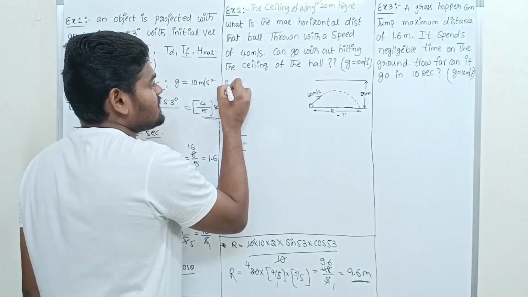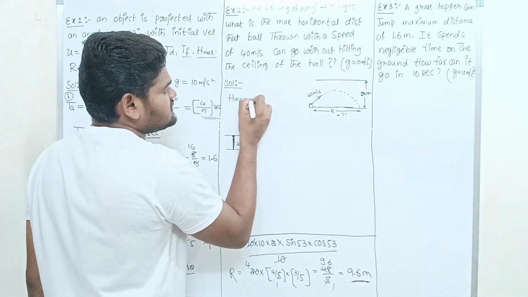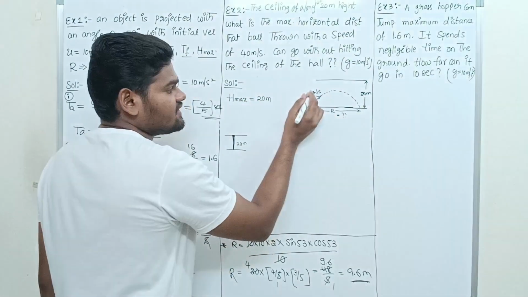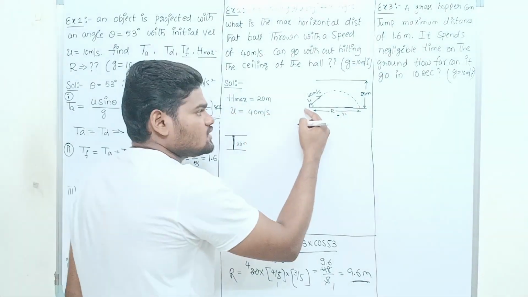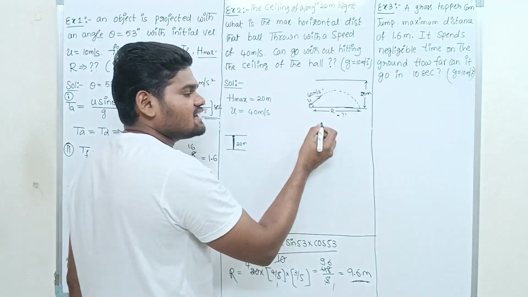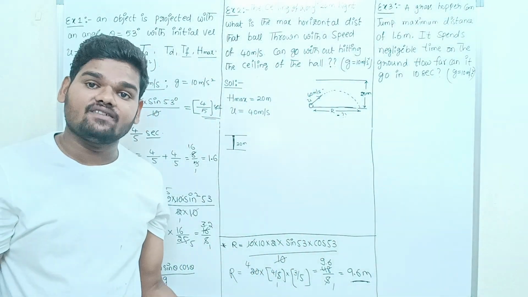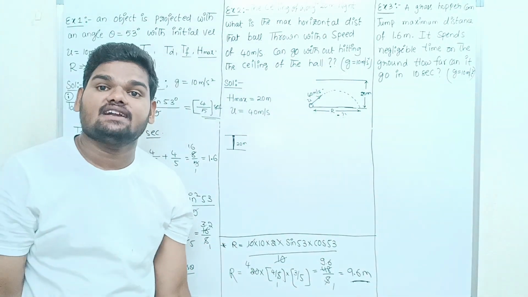So they have given the maximum height, 20 meters. Initial velocity is also given, u is equal to 40 meter per second. So if we throw this object with this much velocity, how much horizontal distance does it cover? That is the given question. So we just have to find R. That is the answer.